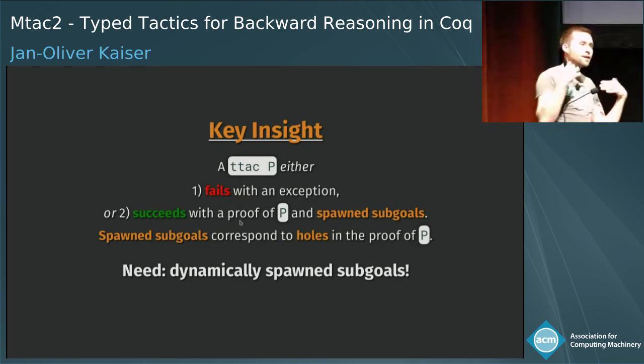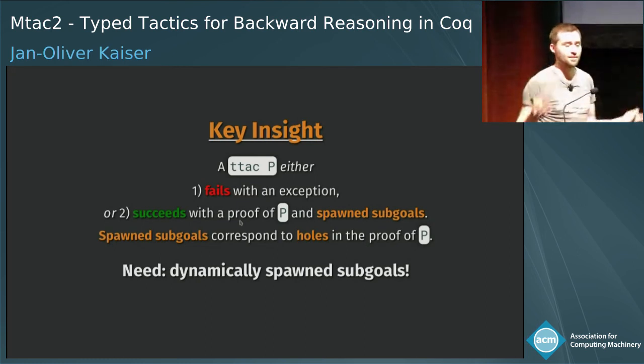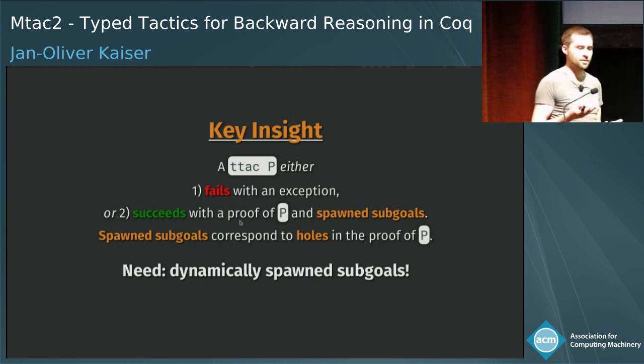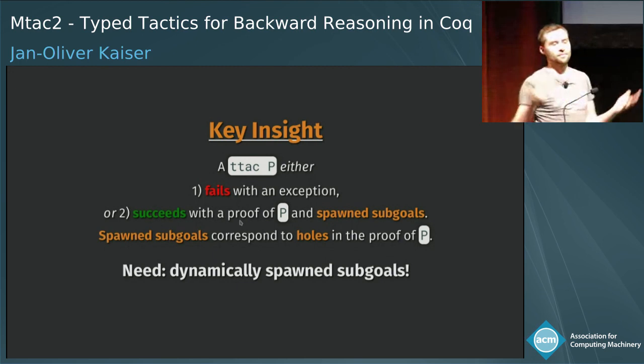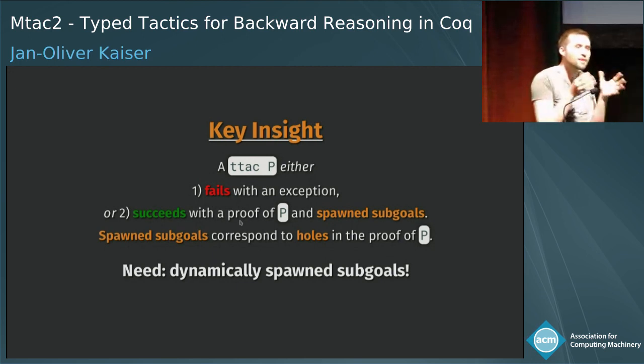So we still have the case where the tactic completely fails with an exception, but we also have the case where the tactic succeeds, but the resulting proof term may have holes in it, right? And these holes we want to track as spawned sub-goals. So we need a way of accounting for these dynamically spawned sub-goals in the type of type tactics.